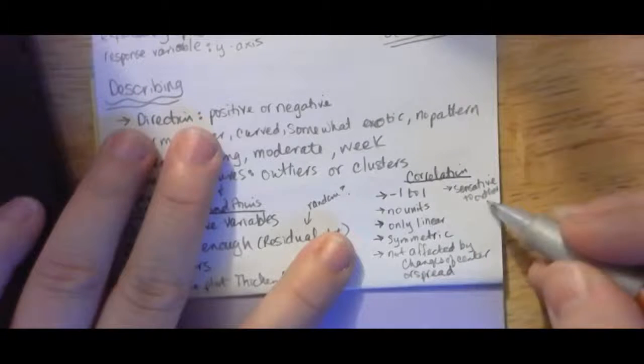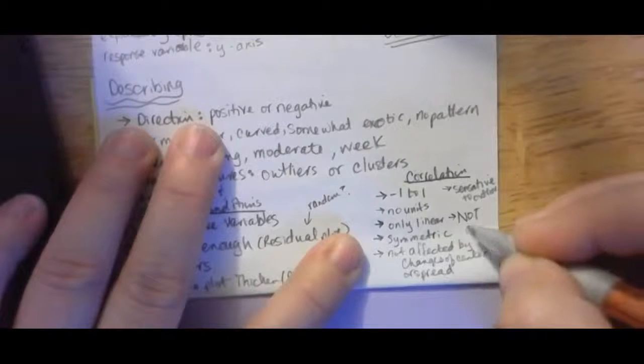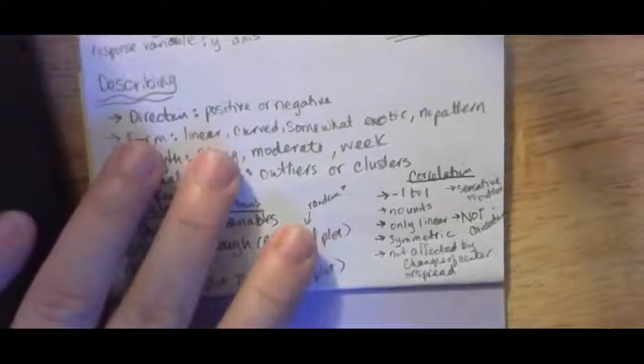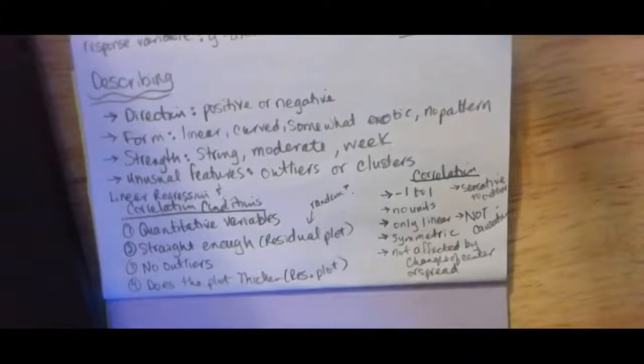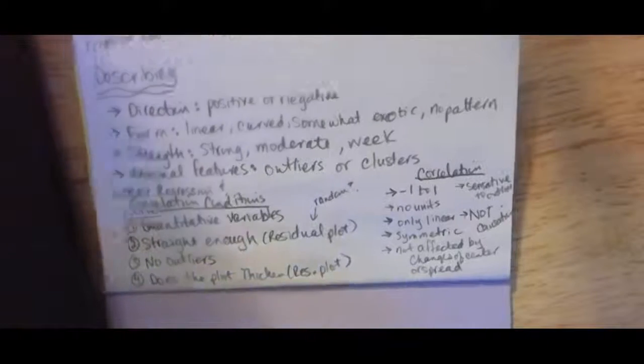That says outliers right there. And then remember, not causation. Remember, the only time you can have causation is if we do an experiment. Okay? All right, so there's the first half of everything we need to know about quantitative variables with two of them. Okay? Let's look at the bottom here.